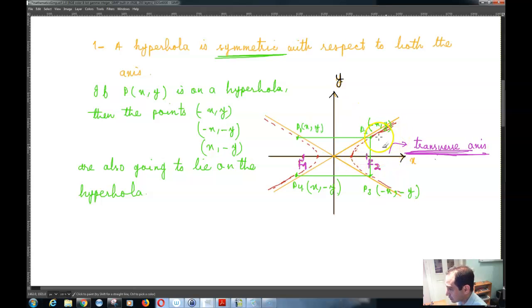And we said that if your hyperbola is in this orientation, then the equation for that would be x squared over a squared minus y squared over b squared equals 1.